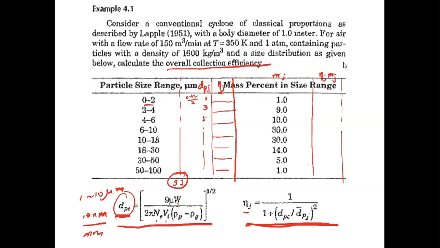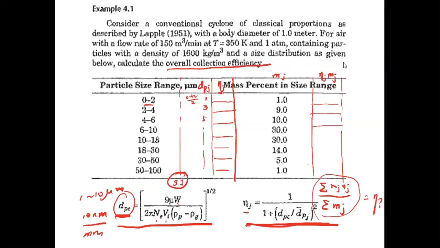Because when we remove the particles, we need to consider how many particles are there, right? So what is the mass of the particles in each size bin? And then we'll take the summation, mj eta J, and then divide that by the total mass, mj. Okay, so with this equation, we can calculate what is the overall collection efficiency.